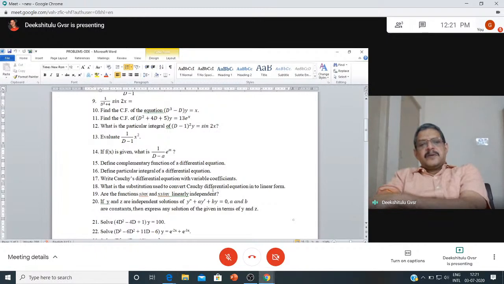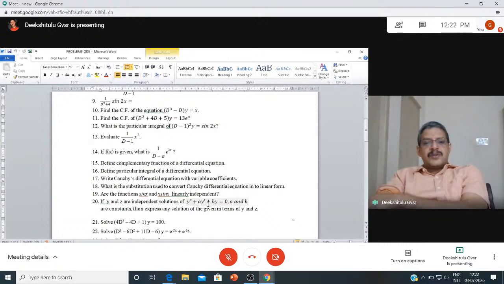Wronskian, we have done Wronskian, no? Wronskian is the determinant of y1, y2, y1 dash, y2 dash. So take the determinant of sin x, x sin x, and then the derivative of sin x, derivative of x sin x. Find whether that is equal to 0 or not equal to 0. If it is 0, they are dependent. Not equal to 0, they are independent.